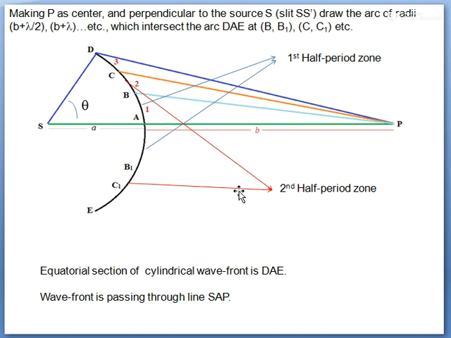These two are the second half period zone shown in this red color line. তাহলে এইভাবে আমি সমস্ত হাফ পিরিয়ড জোনগুলো দেখাচ্ছি এবং এই ওয়েভ ফ্রন্টটা পাস করছে থ্রু দ্য লাইন SAP, এই লাইন বরাবর। ঠিক আছে, তাহলে আমি AB1 এবং AB কে বলবো ফার্স্ট হাফ পিরিয়ড জোন এলিমেন্ট। ওকে, and the strips of breadth BC and B1C1 are called second half period zone elements and so on.